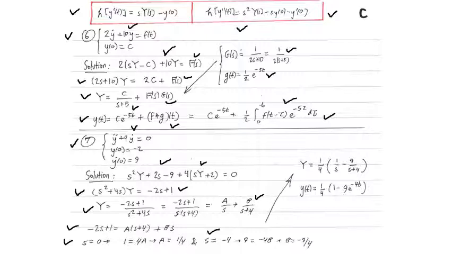So taking those values for a and b and plugging in, now we have big Y in the form that's easy to invert term by term. So the solution of that initial value problem is 1/4 times 1 minus 9 e to the minus 4t.